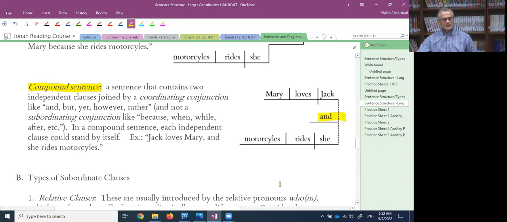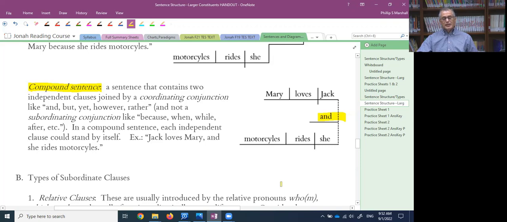So our example here is Jack loves Mary and she rides motorcycles. These are just two separate clauses that can each stand alone, right? Jack loves Mary, she loves motorcycles. Perfectly fine for each of them to stand by themselves, right?